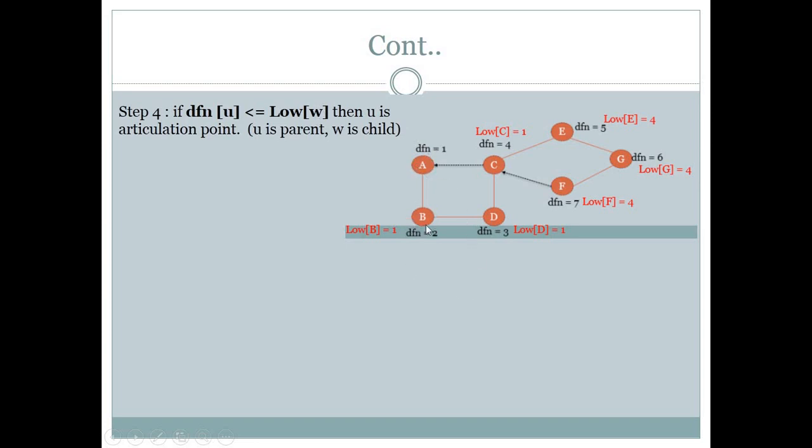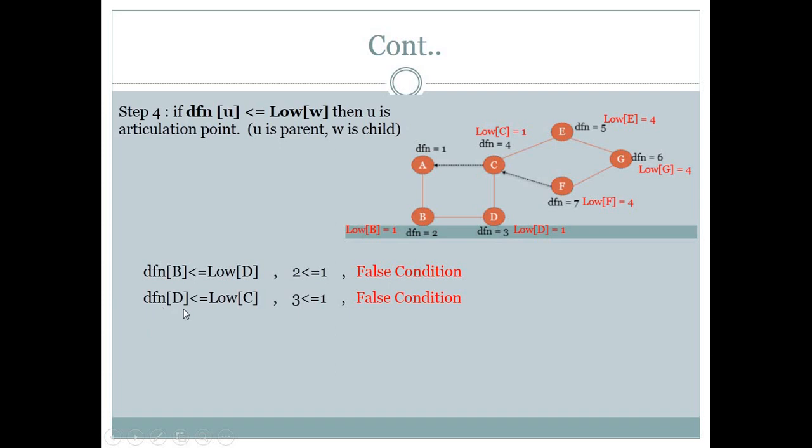We will start from the node B. For B and D, DFN of B is less than or equal to low of D means 2 less than or equal to 1, so the condition is false. For the next pair C and D, DFN of C less than or equal to low of D becomes 3 less than or equal to 1, again false.